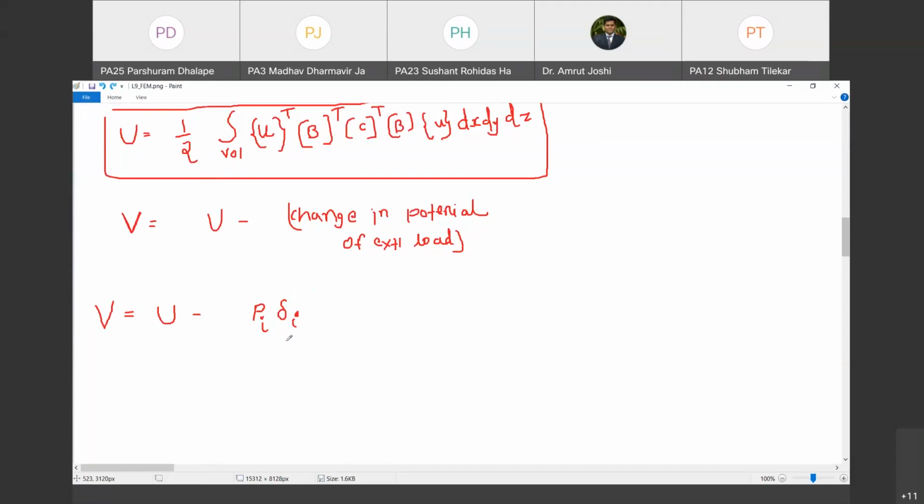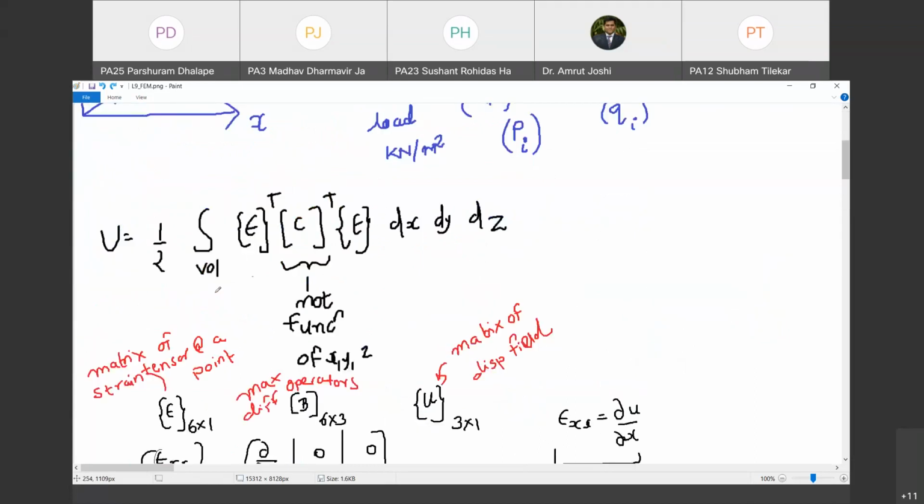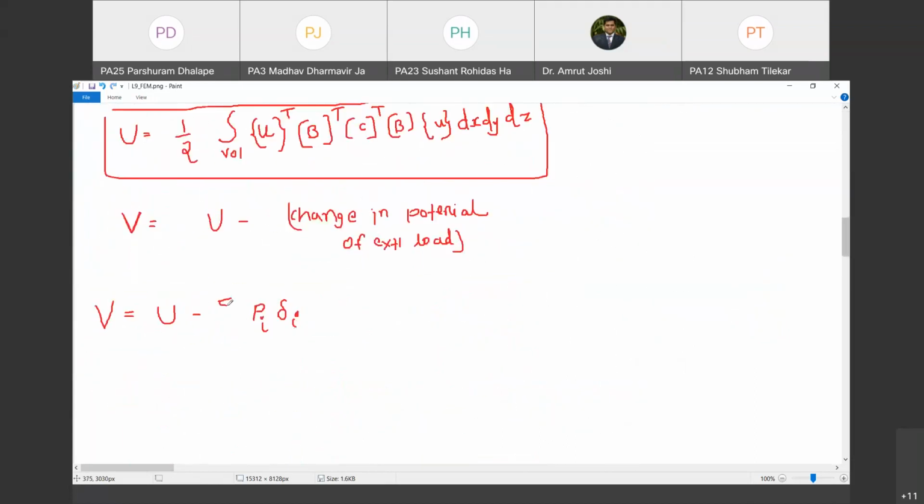For time being, I am going to simply write it as PI into delta I. How many such forces are there? There are n number of point loads. So I am going to take its sum from I equal to 1 to n. Are you with me? Have you understood this part? Please type your response in chat box.